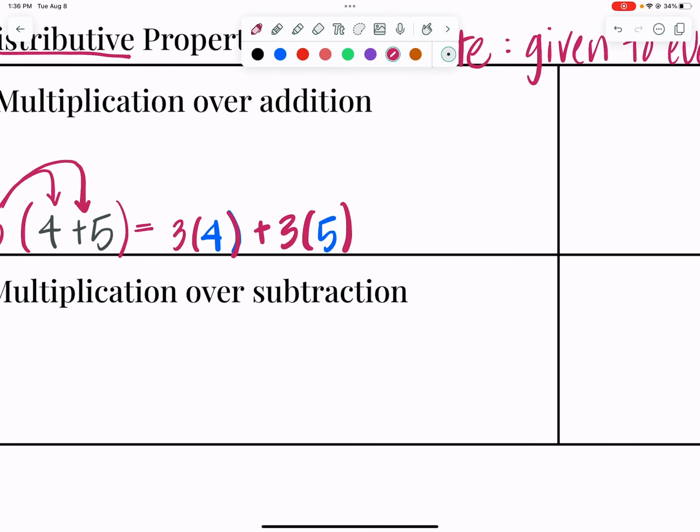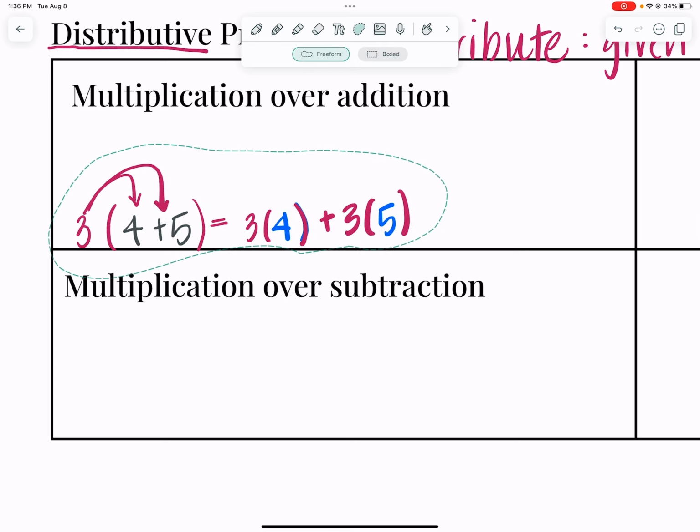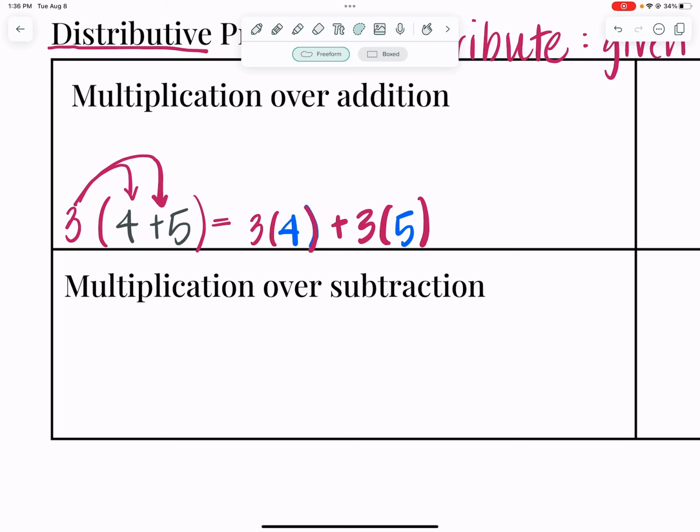In math, in this algebraic world that we are slowly venturing closer to, third time's a charm, right? It'll look a little different. You might see 3 times x plus 5.